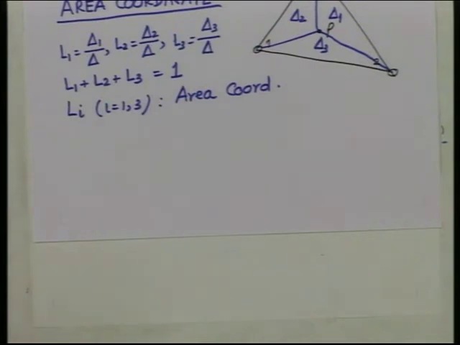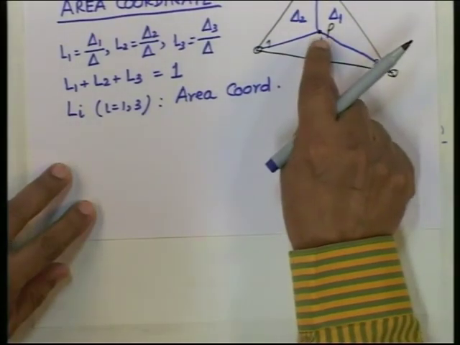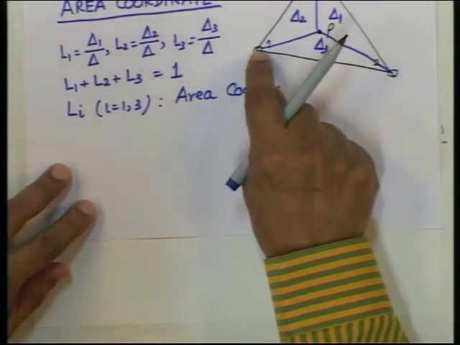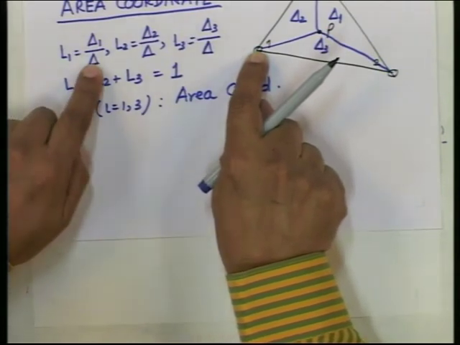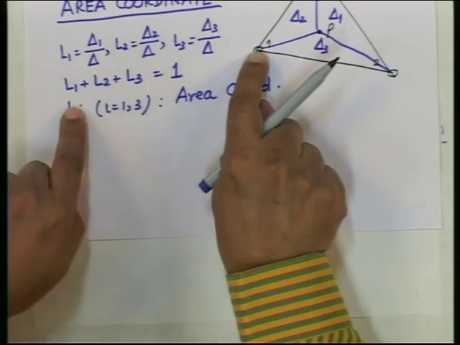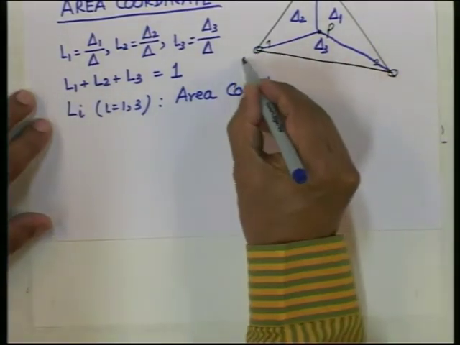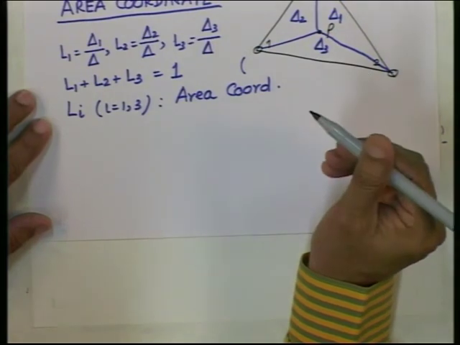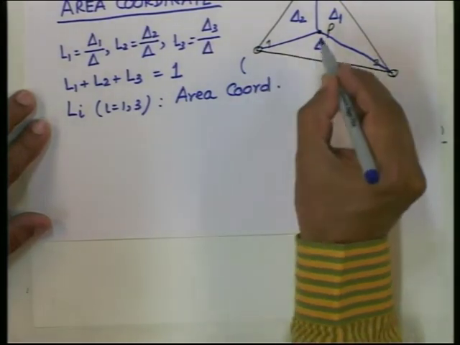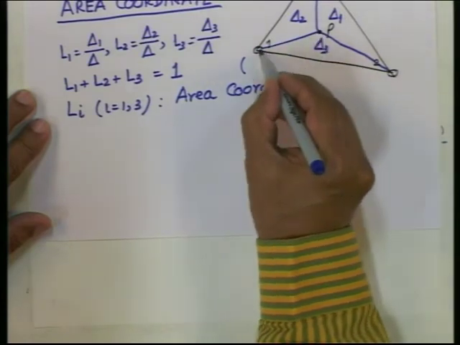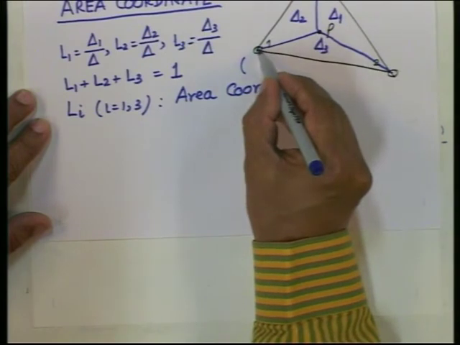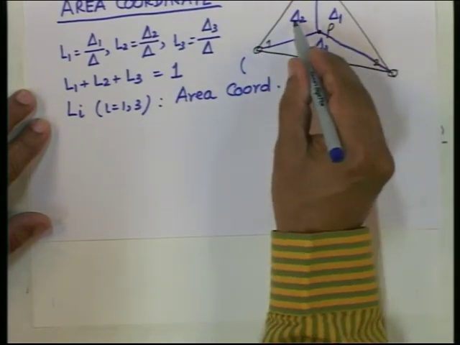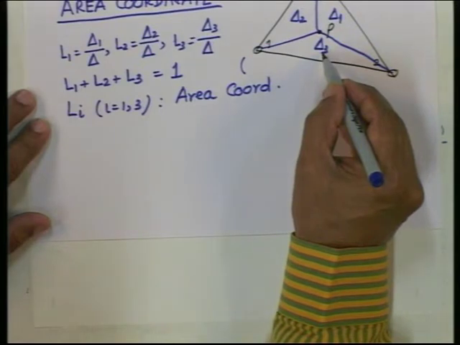And the good thing about this is that the behavior of this area coordinate L1, L2, L3 is peculiar. See, if I move this point P to point 1, then del 1 by del becomes equal to 1, and del 2 becomes 0, del 3 becomes 0.